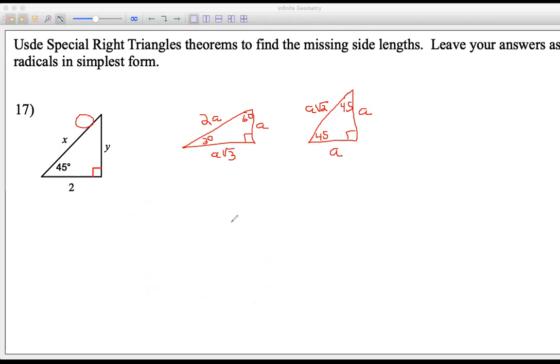So 2 is equal to A. Y matches up with A, so that means Y is also 2. And X is equal to A root 2. Well, I know what A is, it's 2. So X is equal to 2 root 2. Special right triangles. The only thing we did not cover, it's on your worksheet, is your trig, which we already did.